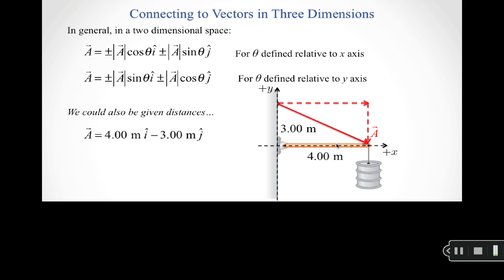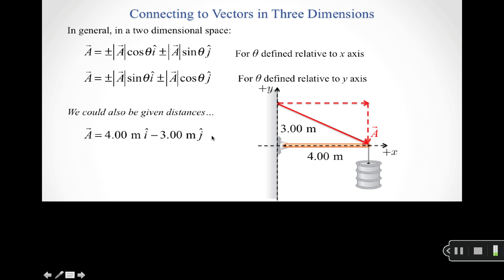The other option I have, of course, is to recognize that if I'm given distances, it's pretty straightforward to read off that to go from here to here, I need to go 4 meters in the positive x direction and then 3 meters in the negative y. So you can use your distances to effectively just read off from the picture what vector A is.